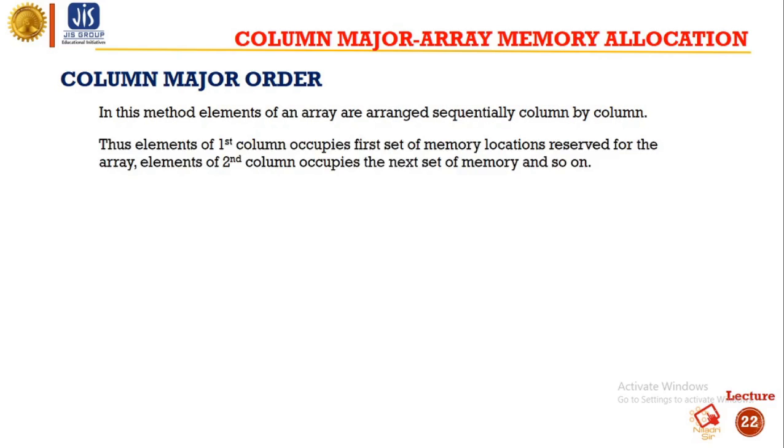Thus, the elements of the first column occupy the first set of memory allocation reserved for the array, and elements of the second column occupy the next set of memory, and so on.